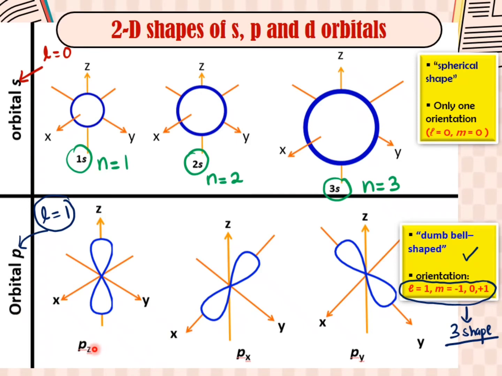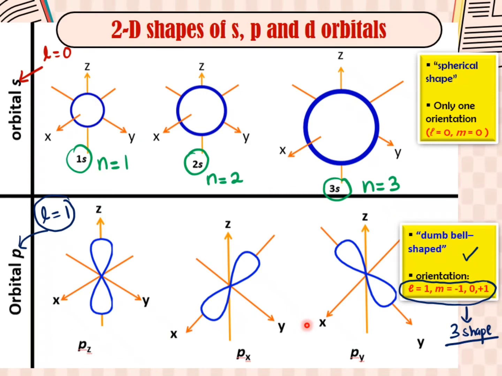So shape yang pertama, we have pz. Okay, look at the dumbbell shape here. It lies on the z axis. Nampak? And then the second shape, we have px shape. So this px shape, the dumbbell shape, lies on the x axis. While py shape, the dumbbell shape lies on the y axis.